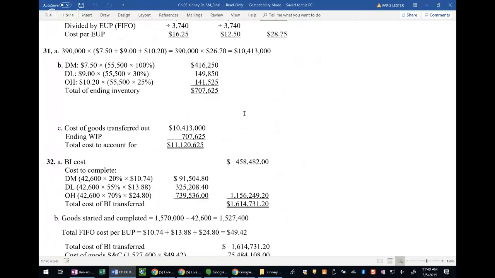Take 55,500 from how much? 34,500. That started and completed. All right. What is the cost of the goods completed during February? Now, do you think there was any beginning inventory? Doesn't say, does it?